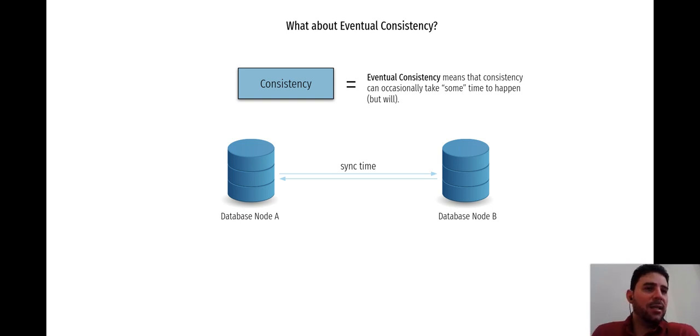But in some cases, you have a kind of eventual consistency. It takes some time for you to get the correct data back. Of course, this data will be back for you at some later point in time, but it can take some time. Every time that this happens, we call it eventual consistency.